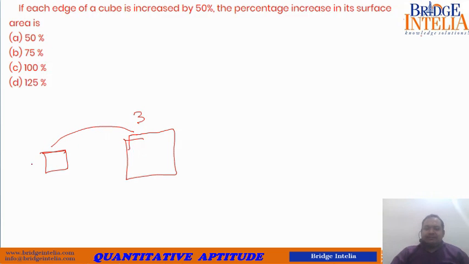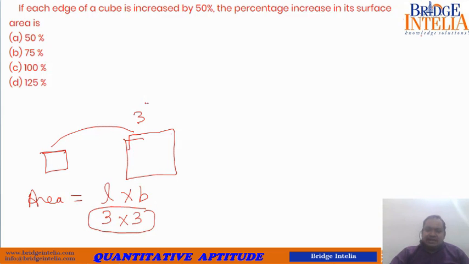Scaling up by 3 times means each side is thrice the side of the smaller one. So scaling factor is 3. So when you calculate area is equal to length into breadth, length also got increased 3 times and breadth also got increased 3 times. So it will get scaled by 3 square times.